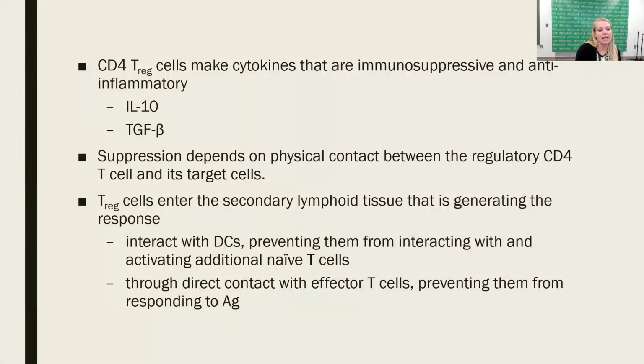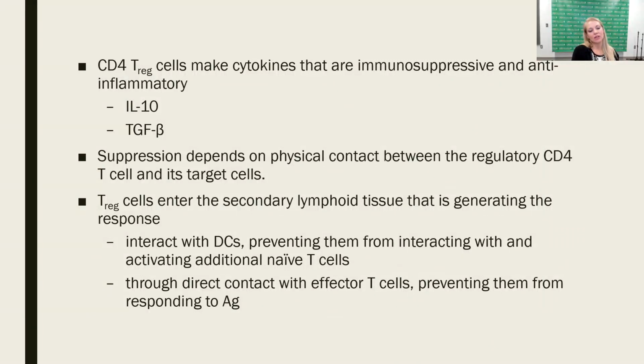So Treg cells make cytokines that are immunosuppressive or anti-inflammatory in nature. Two major ones are IL-10 and TGF-beta. They are going to be anti-inflammatory or prevent inflammation from occurring. Suppression really does depend, though, on physical contact between a Treg and its target cells, so that synapse still has to form.